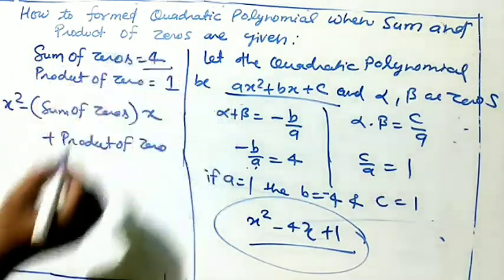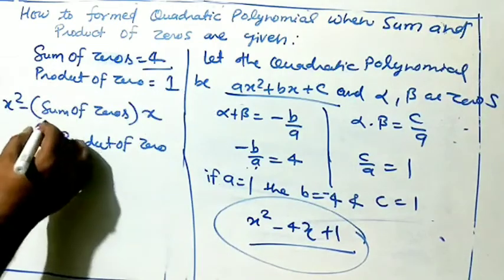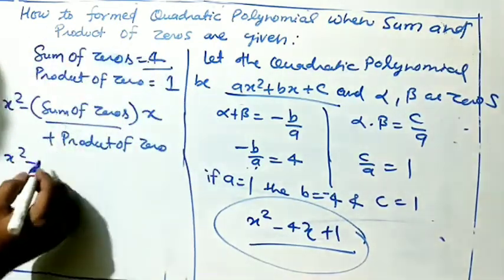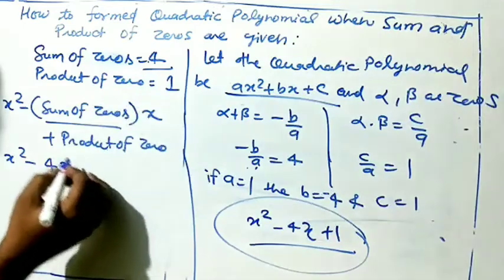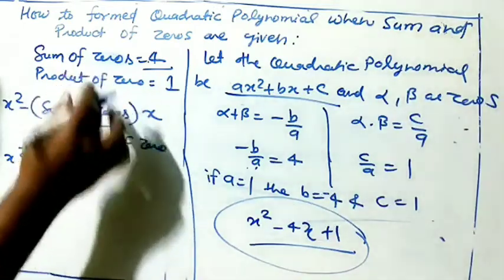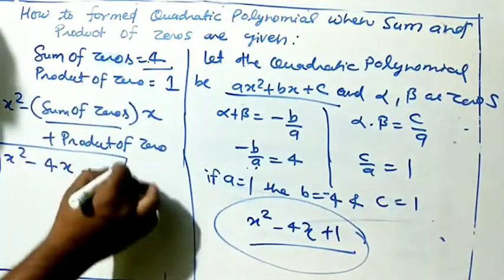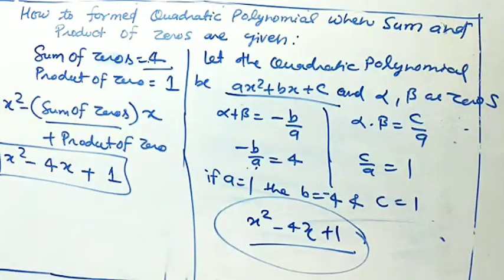Sum of zeros is given 4, so x square minus 4, put the 4 and x as usual, plus product of zeros is 1. So you can get the required polynomial directly using this statement. So these are the methods where you can form a quadratic polynomial when the sum and product of zeros are given. So let's come to the next topic.